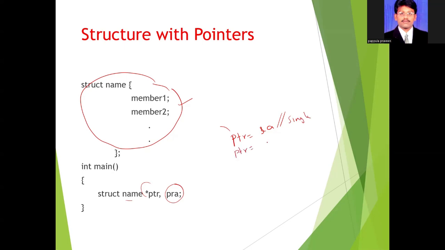PTR equal to A for a 1D array. Observe here, PTR equal to ampersand A of 0 for a 2D array.